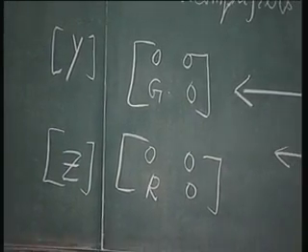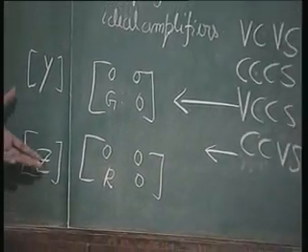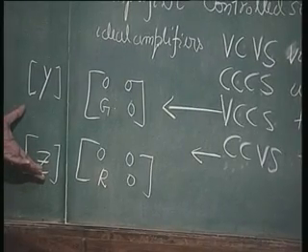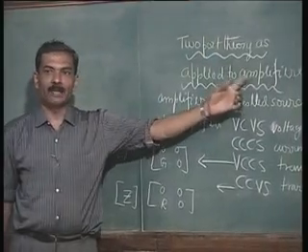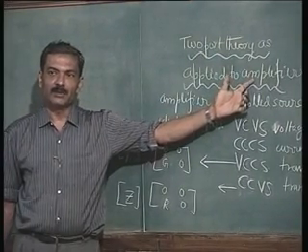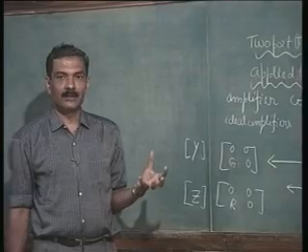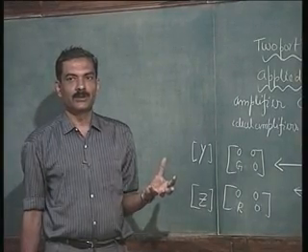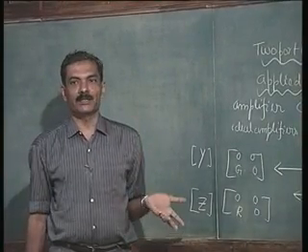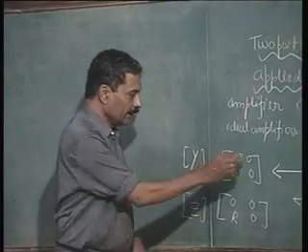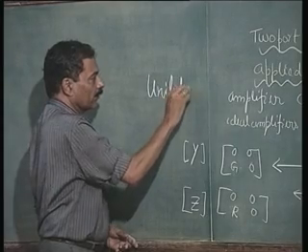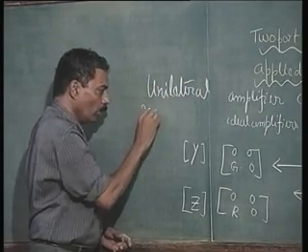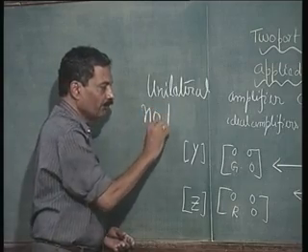So this is the summary of what I was trying to impress upon you by correlating the two-port theory with amplifiers. This you must remember as the basic theory necessary for you to understand the concept of amplification itself. And these factors being 0 indicate the amplifier to be unilateral. That means no feedback.